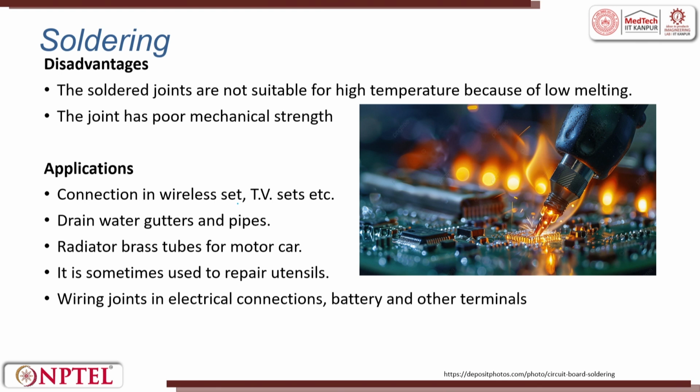It is used for connecting wireless sets, TV sets, drain water gutters, pipes, radiator brass tubes for motor cars, and also for repairing utensils. Solder joints are not suitable for very high temperature because it melts, and the mechanical strength is also poor. In electronics, we don't do a tensile test. It is all connected together and placed there.